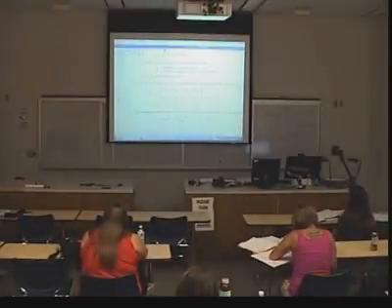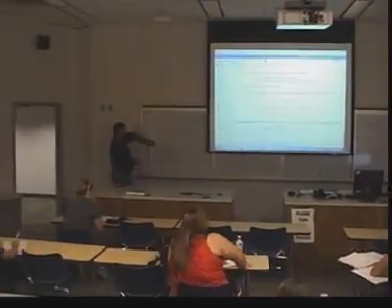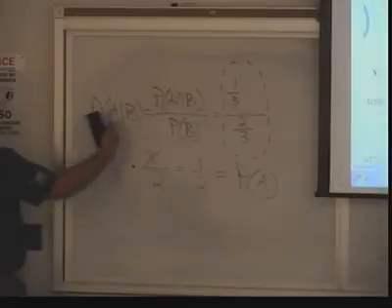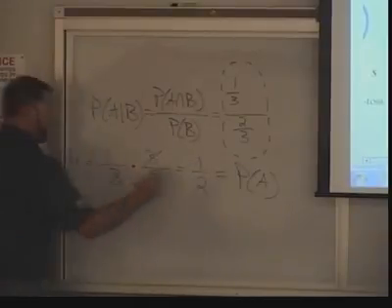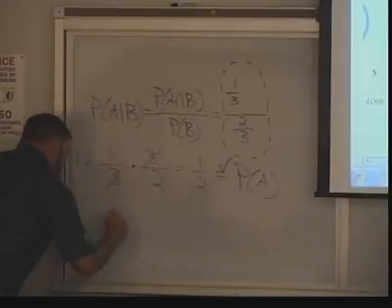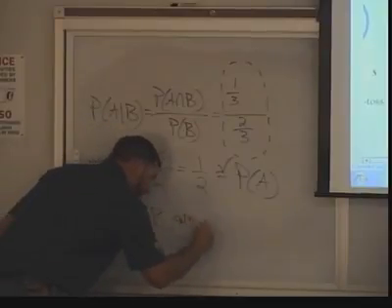That's my independence rule. I can show here that the probability of A given B is equal to the probability of A. So A and B are independent.